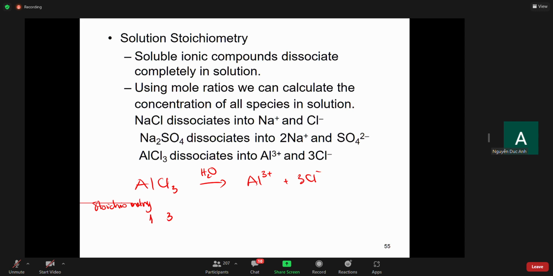So let's consider the concentration of aluminum in the solution is 1 mole per liter. The stoichiometry ratio 1:3 tells you that the concentration of aluminum 3 plus is 1 mole per liter, and the concentration of chloride minus is 3 moles per liter. So that is the solution stoichiometry.